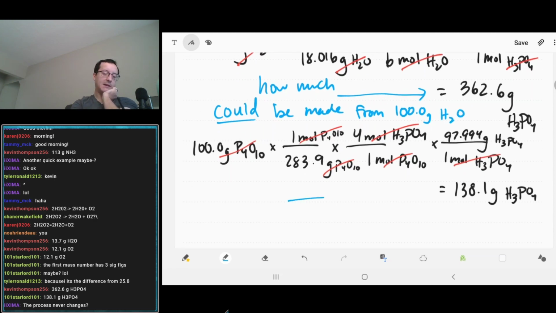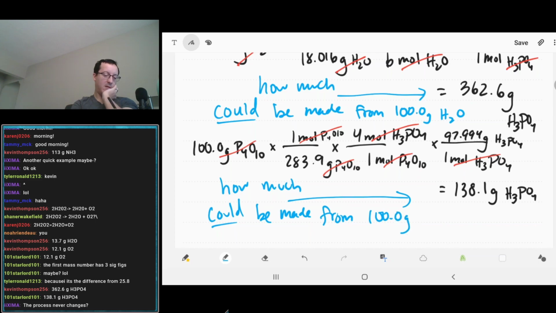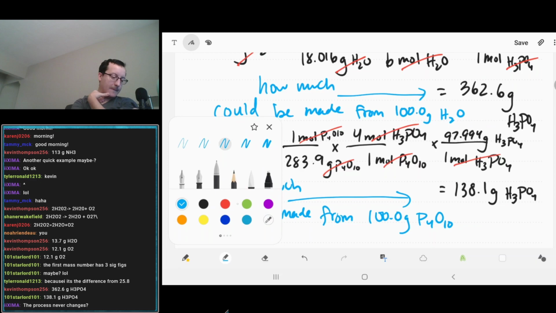And this one is telling us how much could be made from 100 grams of P4O10. And so what we're always going to do is always choose the lower number.